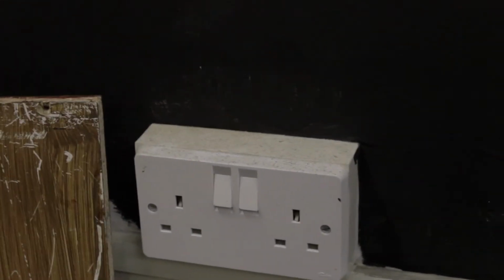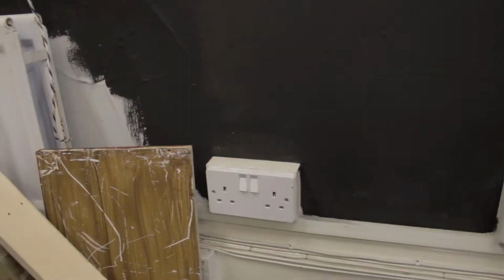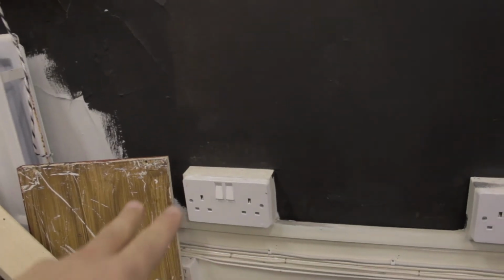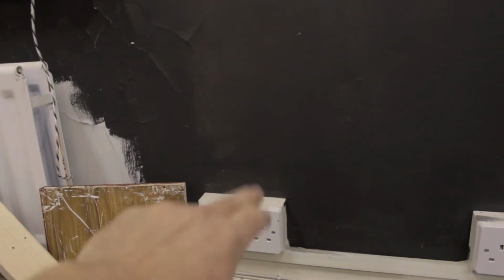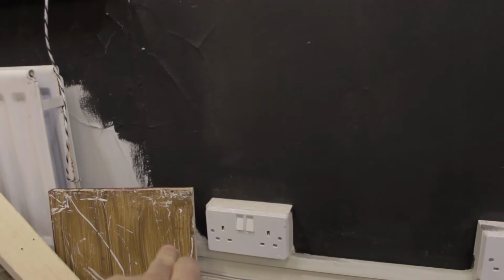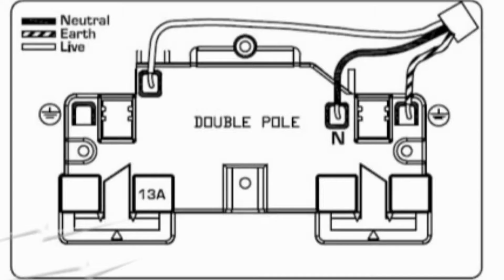Now right here we have two 13 amp plugs. This does not mean that these are two 13 amps. That's 13 amp in total. Do you know what I mean? Because the cable splits to accommodate these two sockets, so we have 13 amp there.